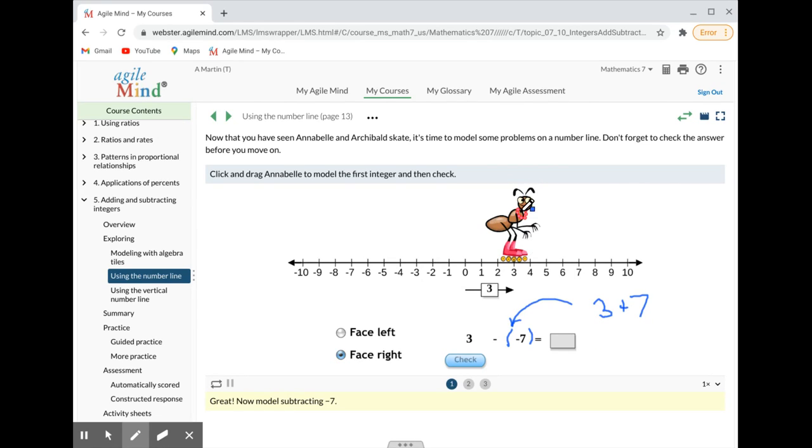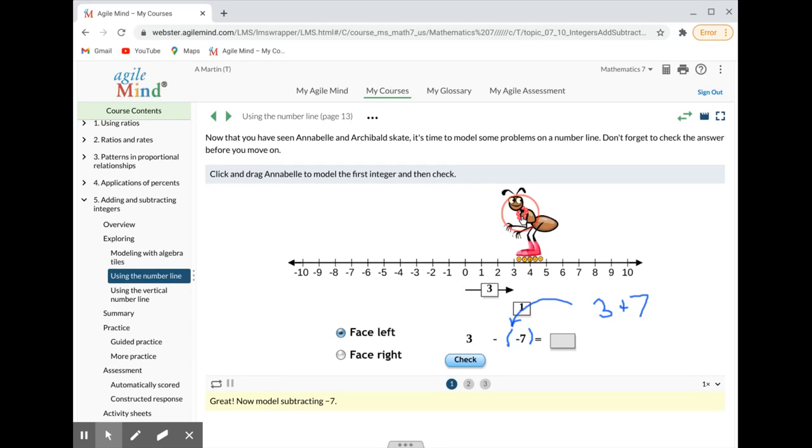So instead of our little lady pointing to the right, we need to turn her around and have her back up 7 spaces, okay? So we're going to turn her around just like that, and she is going to moonwalk like Michael Jackson all the way back to what number? Oh, she didn't moonwalk. I thought she was going to moonwalk.